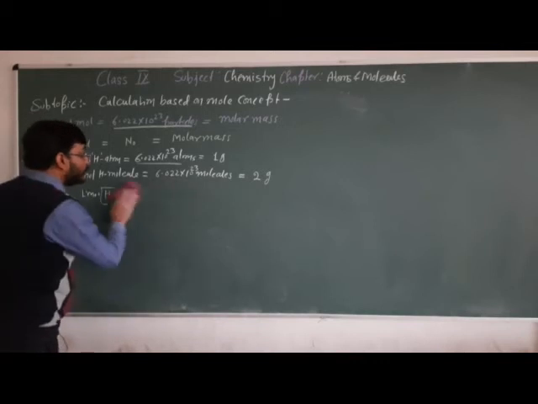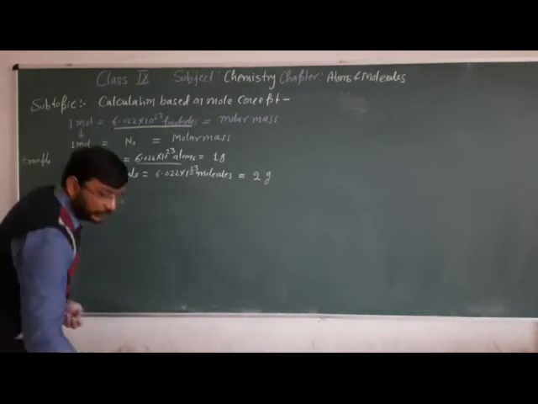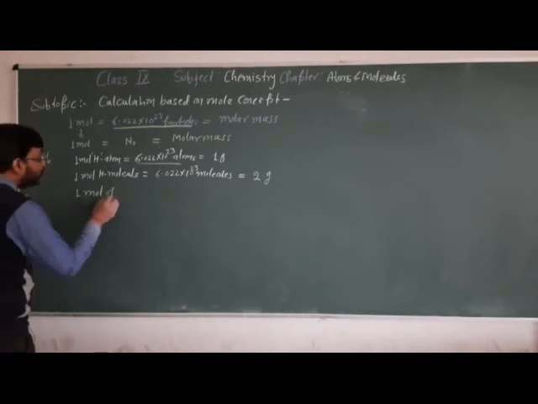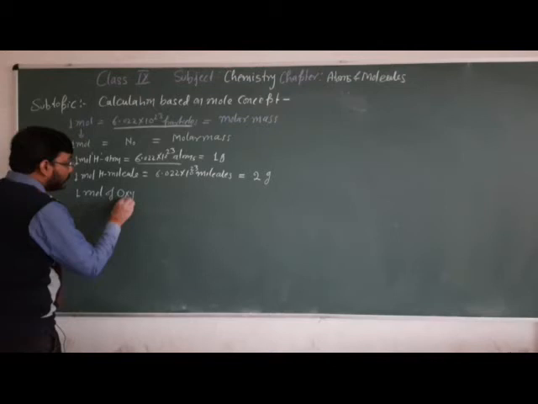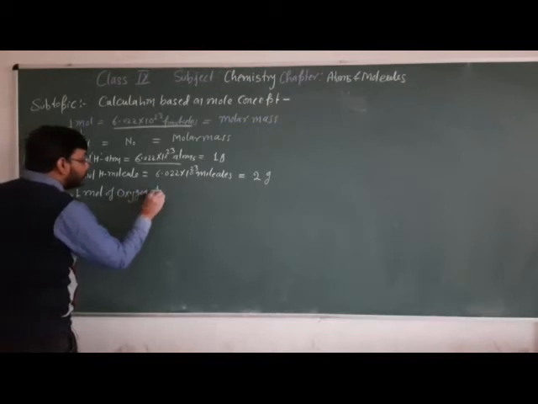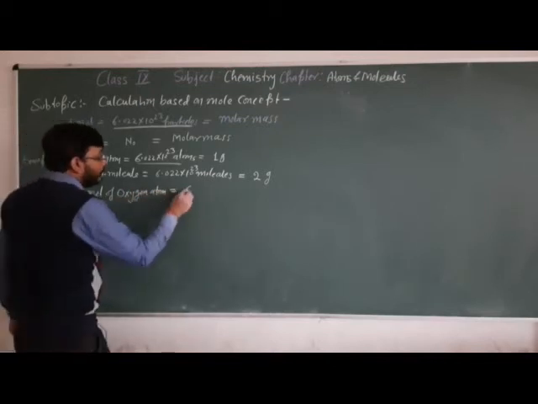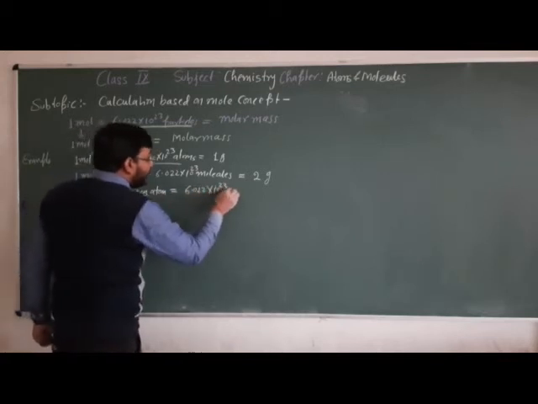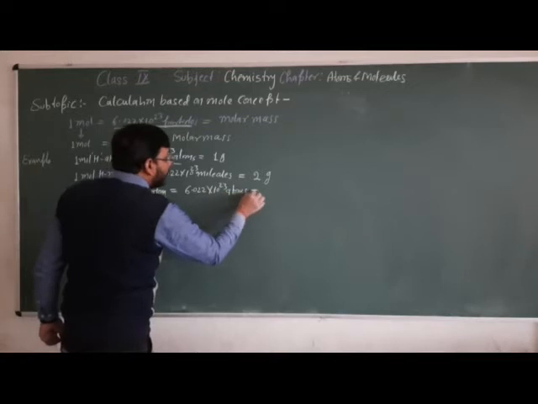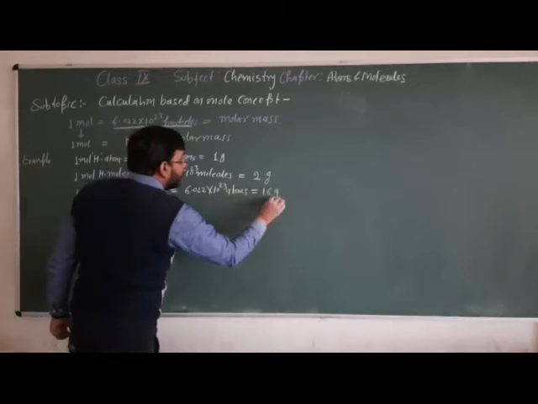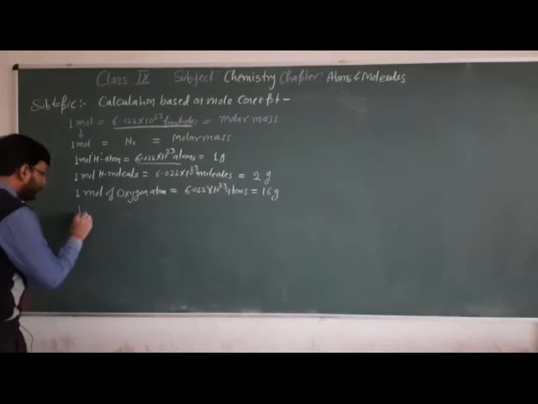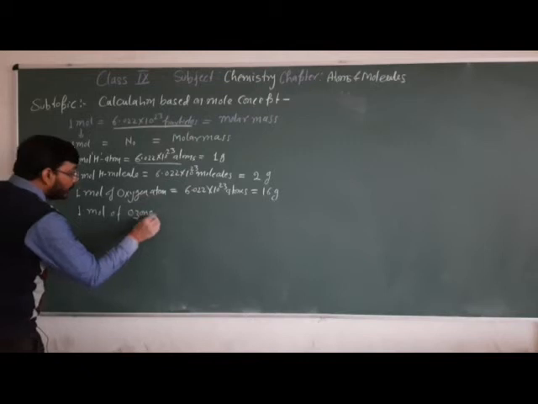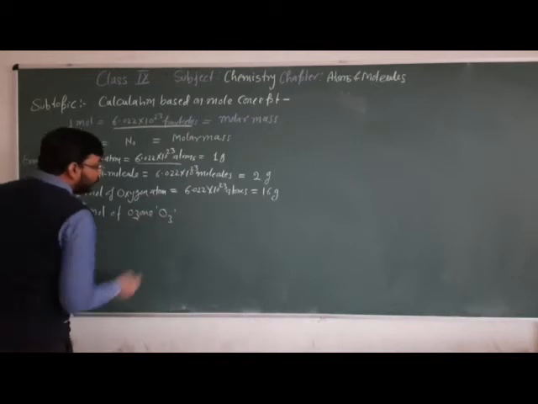In case of ozone, for example, 1 mole of oxygen atom is equal to 6.022 into 10 to the power 23 atoms, which equals 16 gram. But if I tell you 1 mole of ozone, ozone is formed by 3 atoms of oxygen.